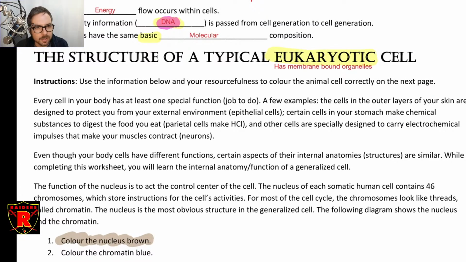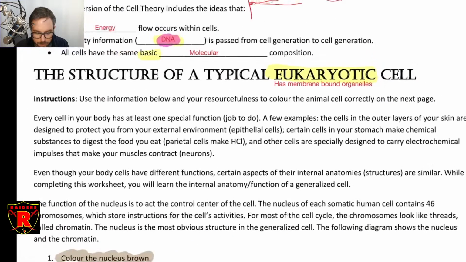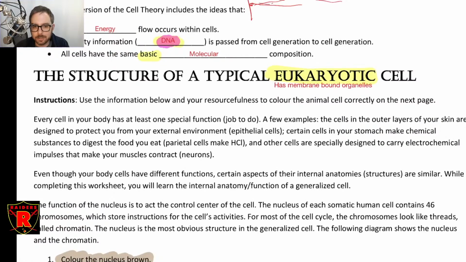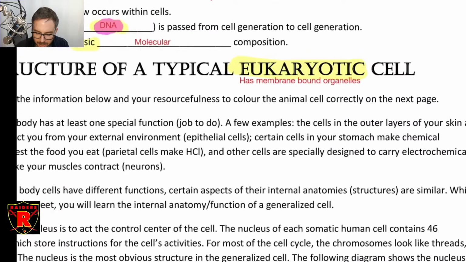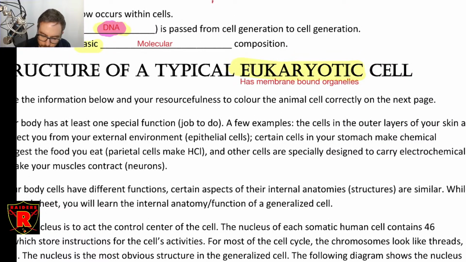What we're going to talk about here when we talk about genetics and cellular composition and stuff like that is primarily eukaryotic. So, yes, prokaryotes are made of cells, are single-celled, and they have organelles.